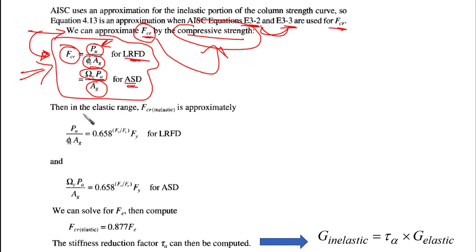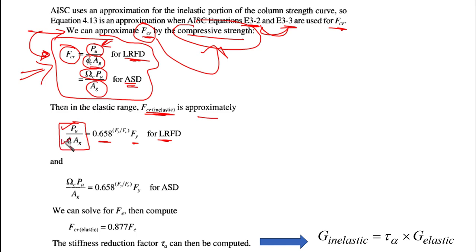Then in the inelastic range, we are going to assume that FCR inelastic, this is an approximation, for LRFD, P ultimate over phi C area gross, equals 0.658 raised to the power F yield over Fe, times F yield. So now we know P ultimate, this is the required ultimate strength.